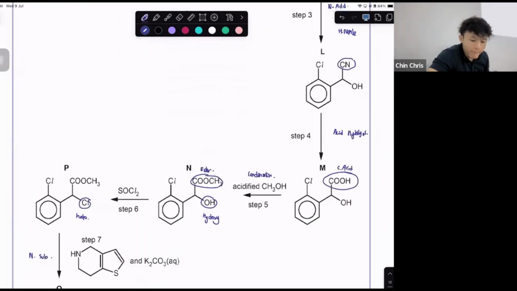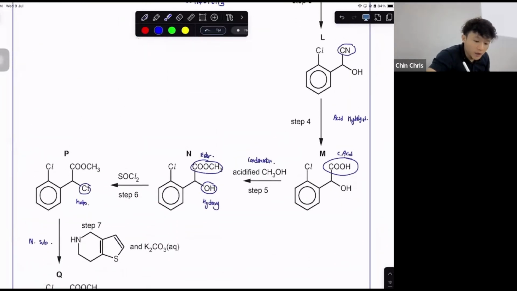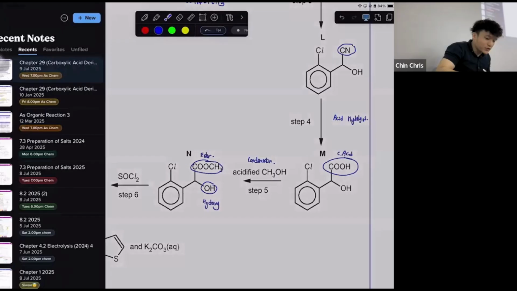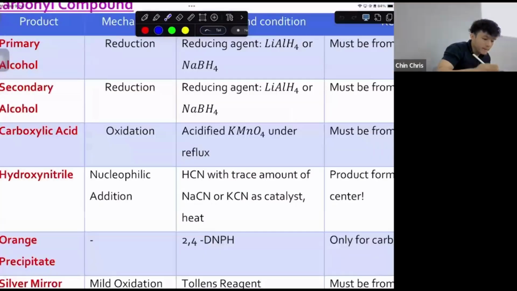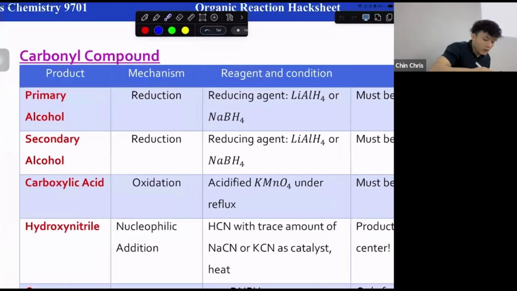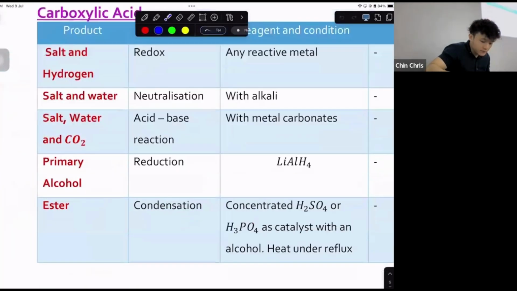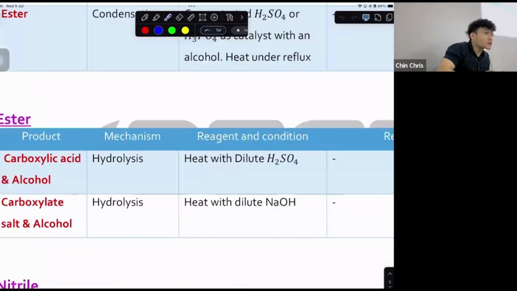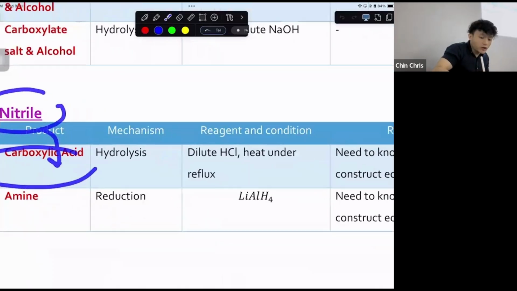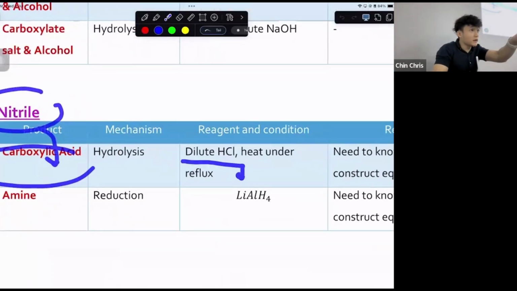Okay, guys, step 4. How do you turn a nitrile into a carboxylic acid? H2SO4. Well done, good job. Do you need any other condition? Nitrile turns into carboxylic acid with H2SO4, HCl, okay. Then you need to heat under reflux.